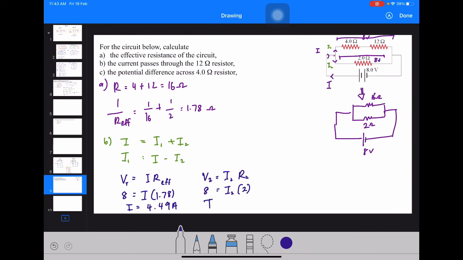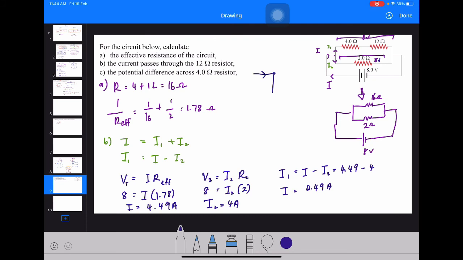So I2 becomes 4 ampere. I can substitute back inside the equation of I1 equals to I minus I2, which is 4.49 minus 4. I1 equals to 0.49 ampere.